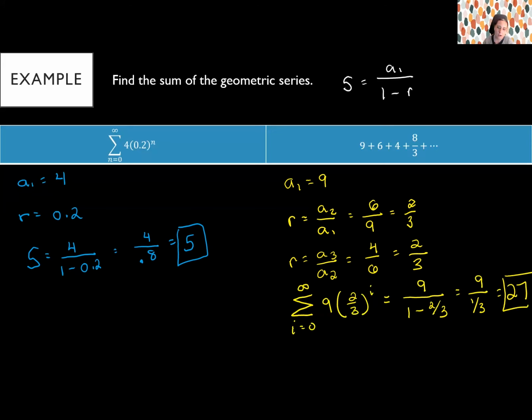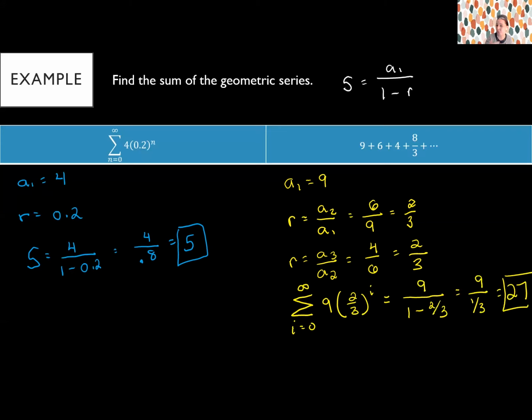So for that last problem on the application assignment where I said that it is an infinite geometric series, I would recommend that you either write out the pattern of the series, like how this problem starts out 9 plus 6 plus 4 plus ..., or put it in summation notation.